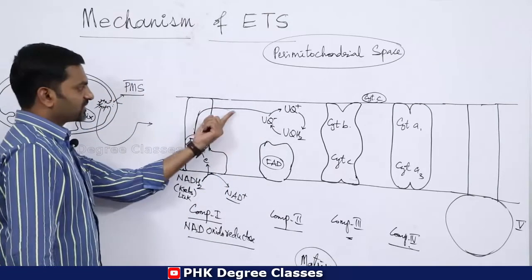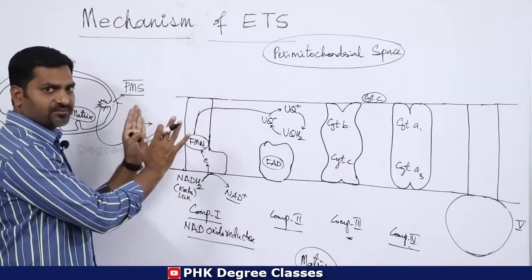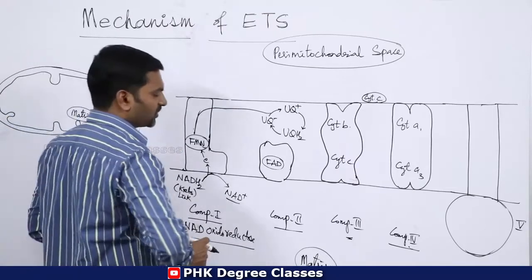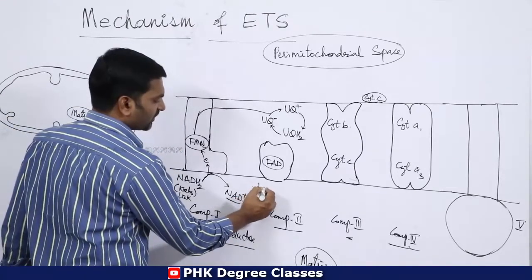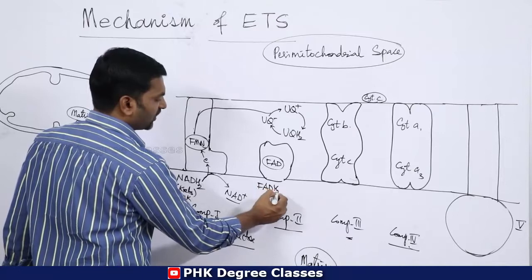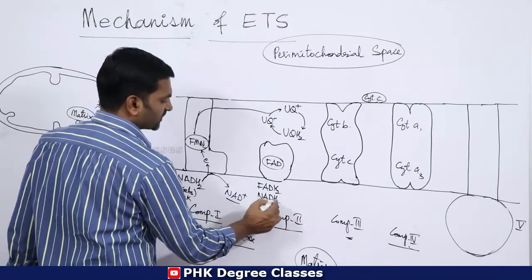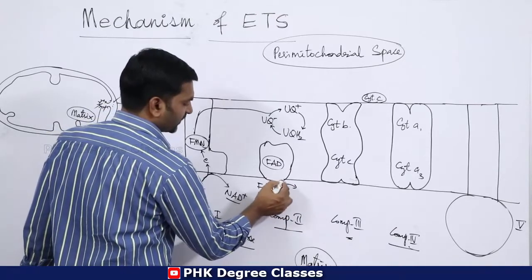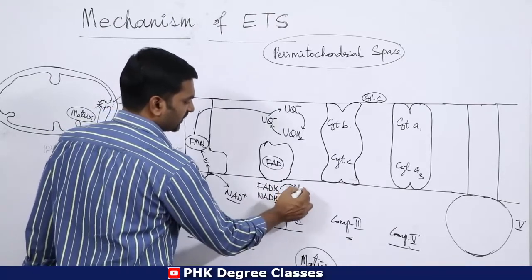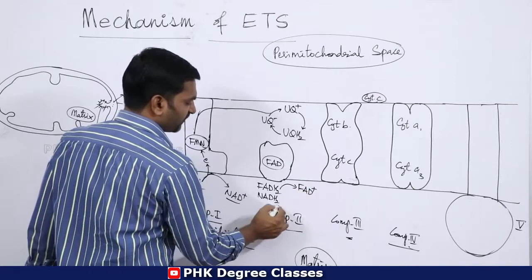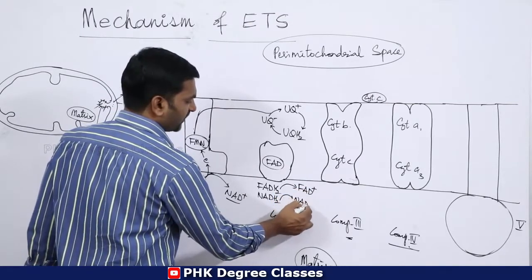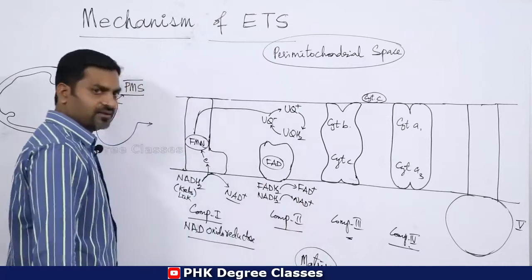I want to draw the diagram, so you can have a look. Here FADH2 and NADH2 of glycolysis both participate at complex 2. Then FADH2 will become FAD plus and NADH2 will become NAD plus. Clear?